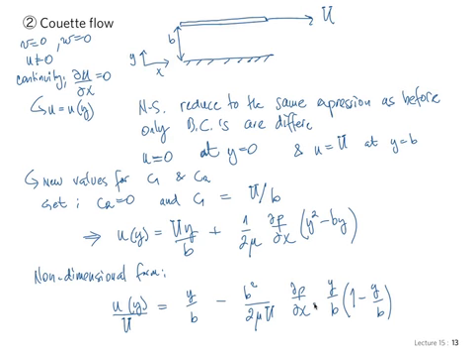It is non-dimensional indeed. So this whole coefficient will determine the shape of the velocity profile. The simplest Couette flow is found when dp/dx is equal to 0.